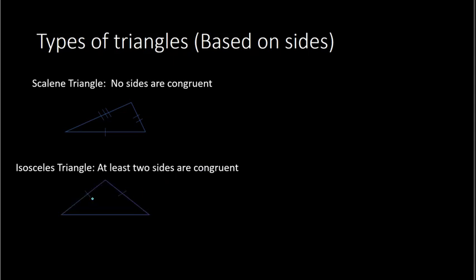So for example, right here, we have the left and right side being the same measure. Because these are the same length, we would say that this is isosceles. Thirdly, we have an equilateral triangle, which says that all sides are congruent. So if every side is the same, we would say that the triangle is equilateral.